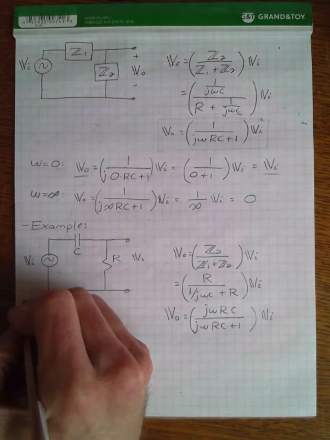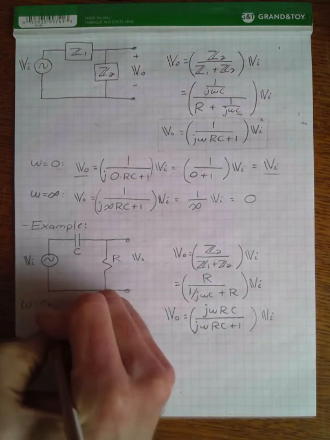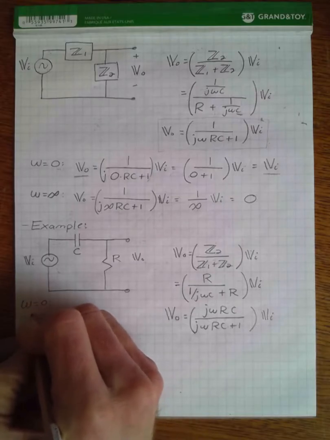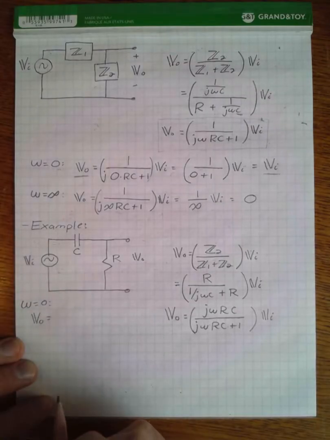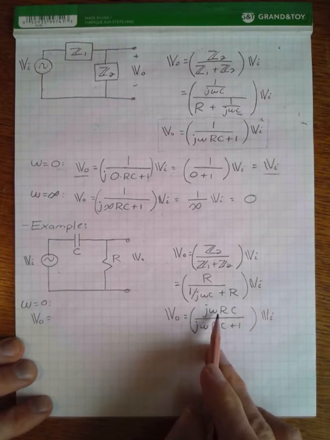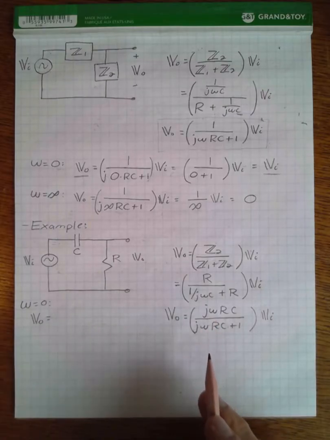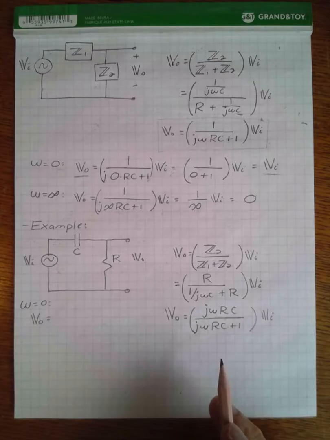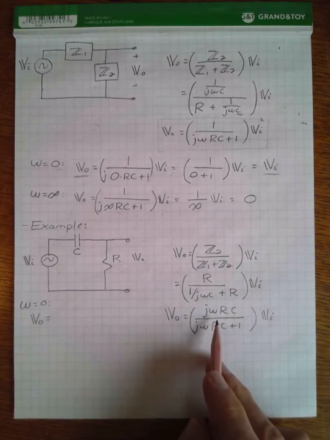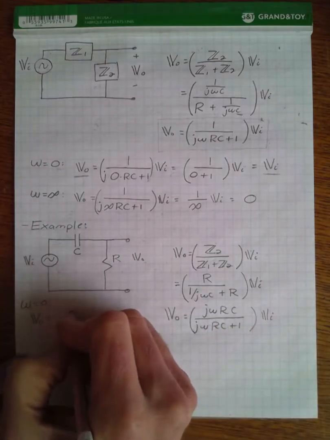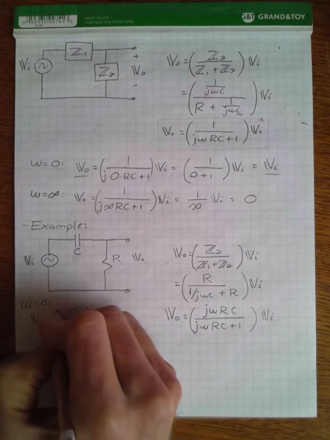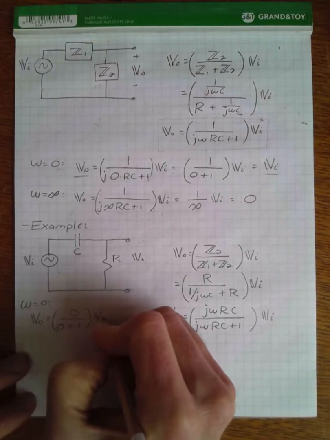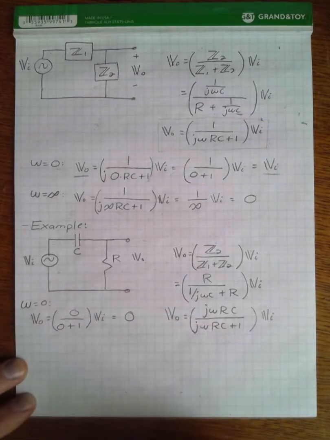Let's assume that we have omega equal to 0. In this case, if we substitute in 0 for omega, we're going to have 0 over 0 plus 1 times our input voltage, or in other words, we're going to get 0.